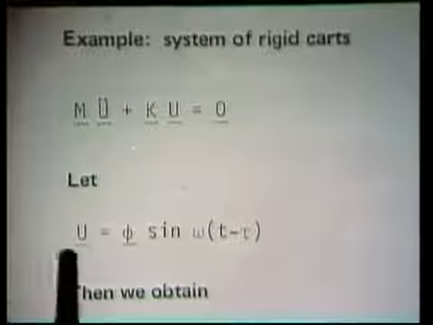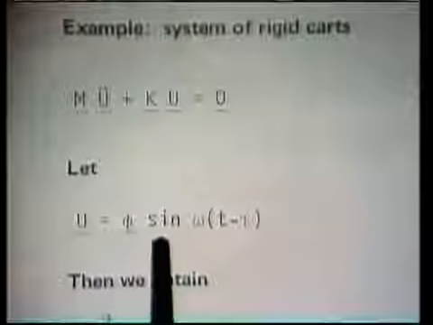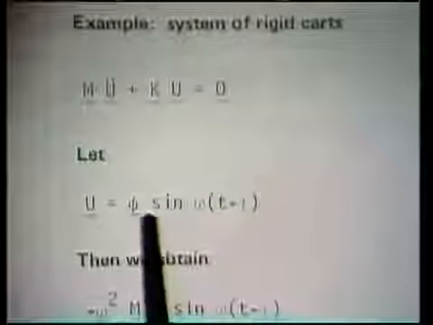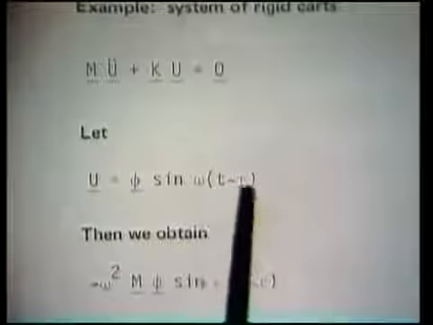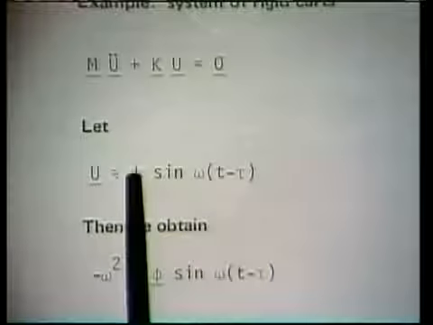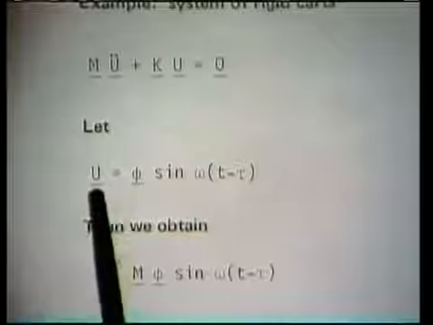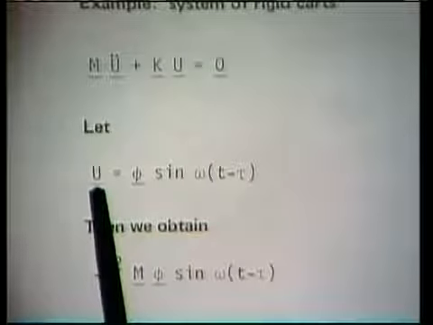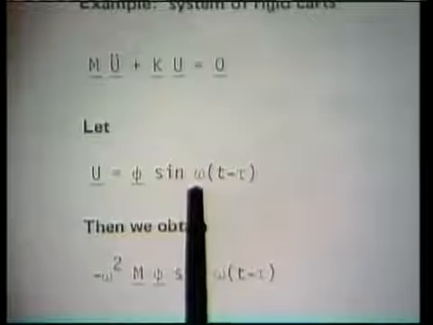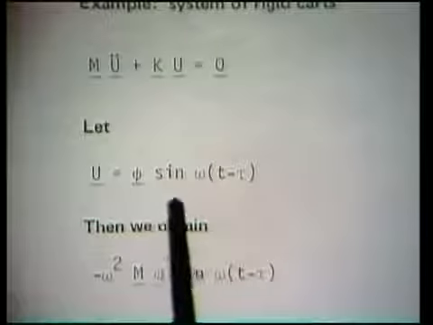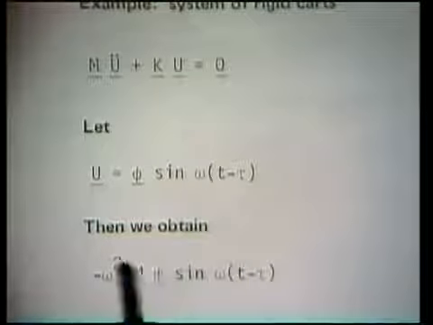If we let u be equal to phi times sine omega t minus tau, where the time dependency in the response is in the sine function only, and if we take the second derivative of u, meaning that we get a cosine and then a minus sine, and of course this omega twice outside, so we have a sign change here.